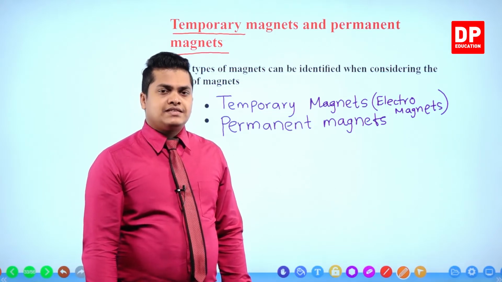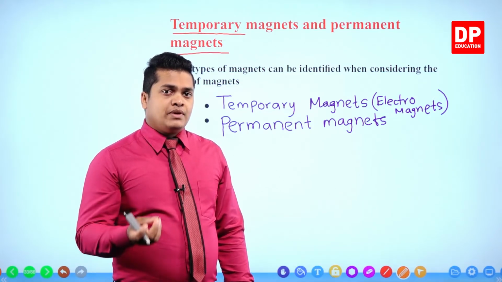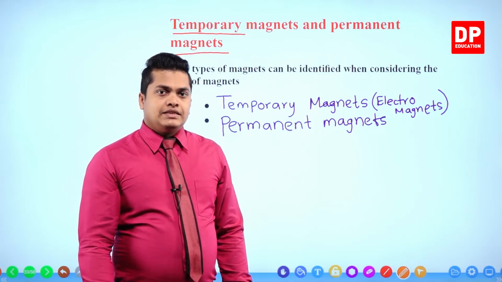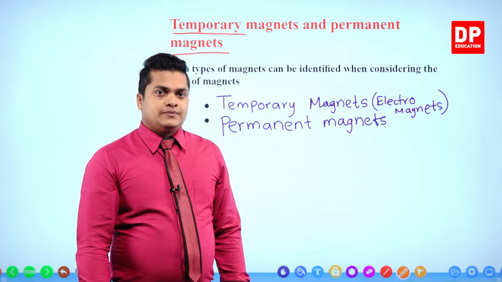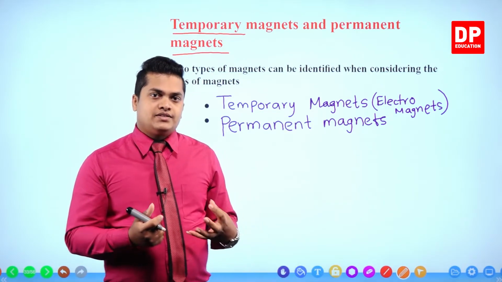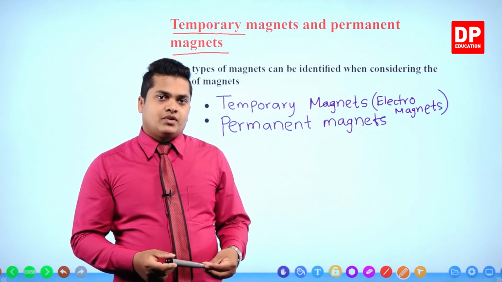Most of the times these are referred to as electromagnets because we use electricity in making these magnets. In making these types of magnets, the temporary magnets, we use electricity, right?